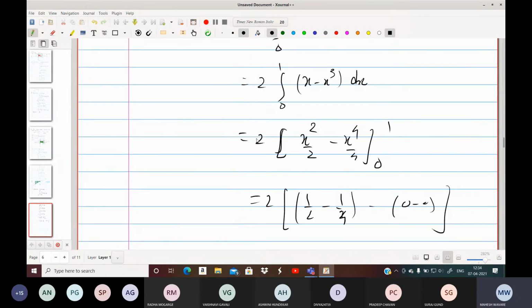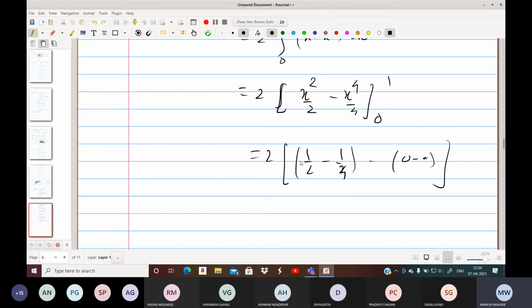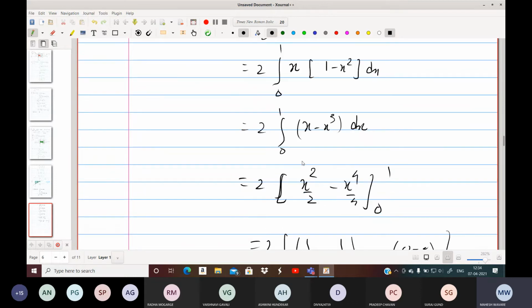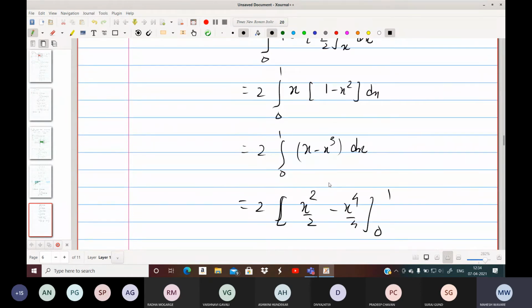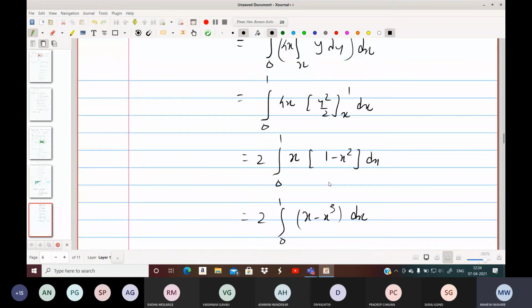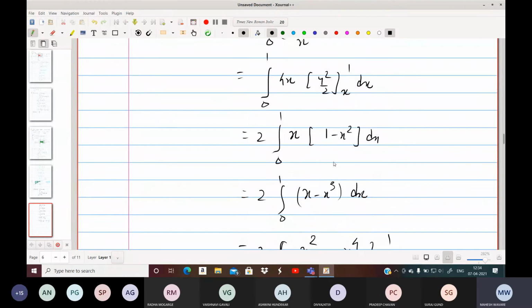Check these calculations. It should not come 1. Where it goes wrong, just see. x minus x square, x minus x cube. Okay.